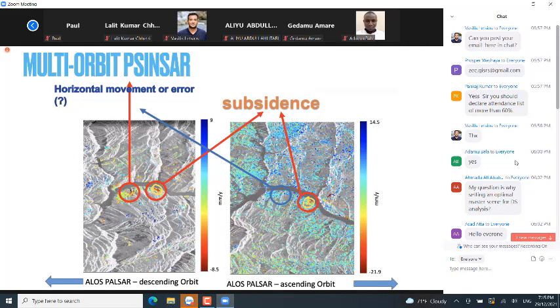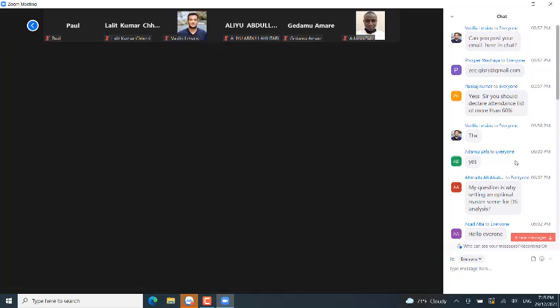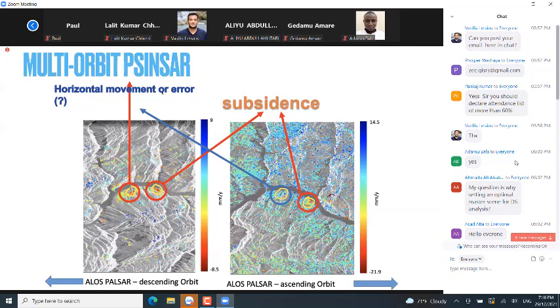However, in the town area here, we have some kind of negative motion, but here we can't really see that, or we have positive motion. Many points here are rather blue, so we're not really sure if we see any motion here. Is it horizontal motion or do we have an error here? It's not that clear from that example.